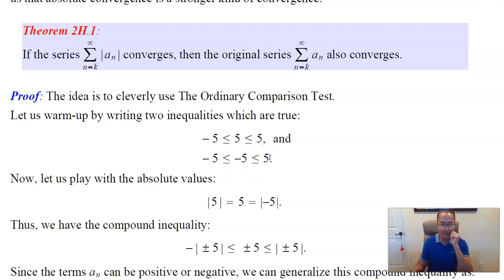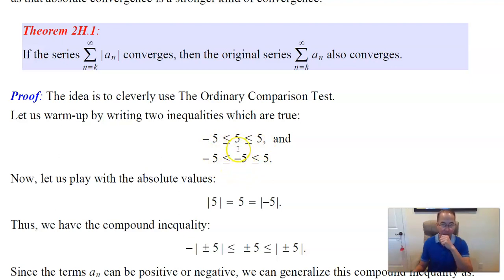Now, what do 5 and -5 have in common? Oh, of course, they have the same absolute value. So, how can we put together these two compound inequalities into a single compound inequality?